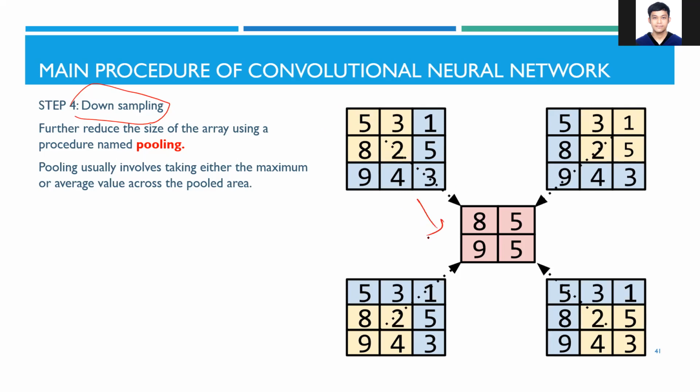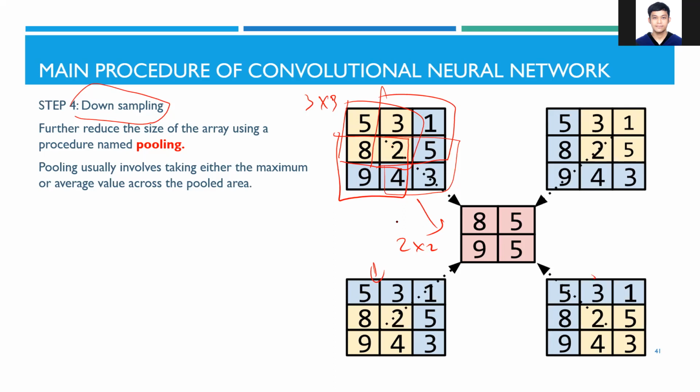We want to resize it into 2 by 2, to make it smaller. So again, we will divide it into overlapping arrays. For example, this is this part, and this part is here. This one is here, this one is here, overlapping still.